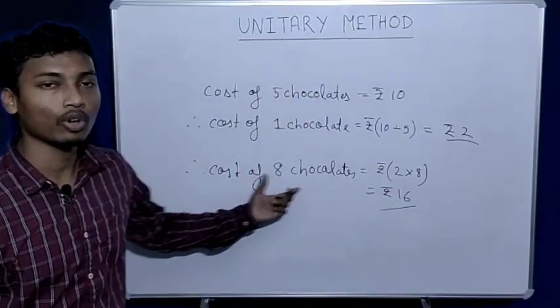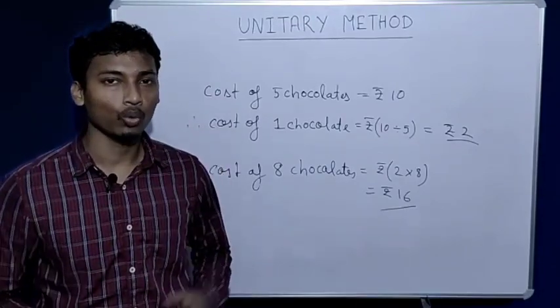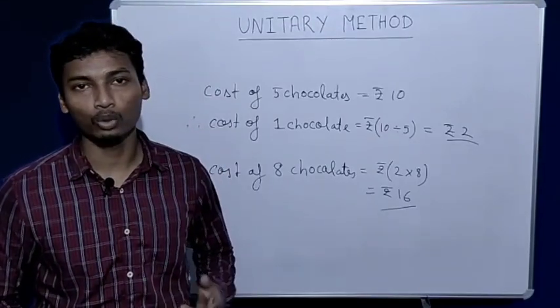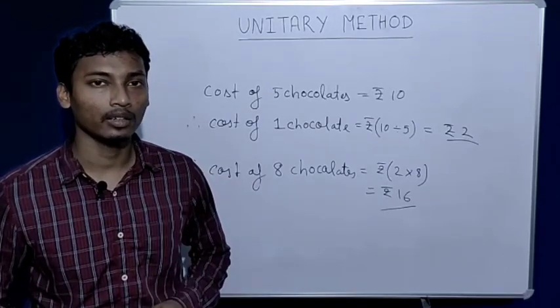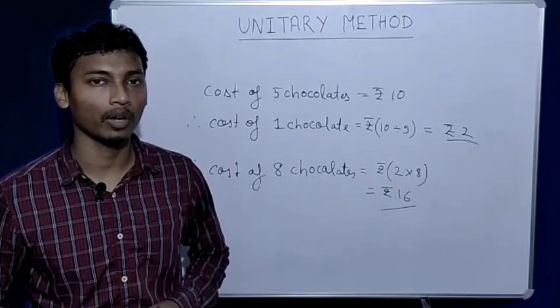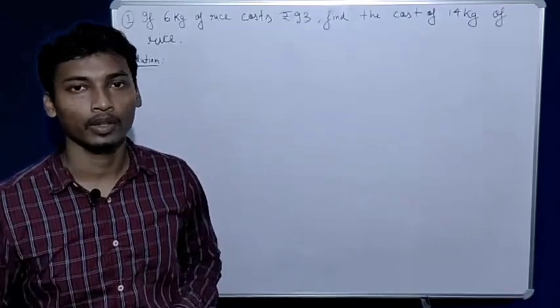So the cost of 8 chocolates is rupees 16. So once you are able to find the value of one unit, you will be able to find the value of any required number of units of a given quantity or item.